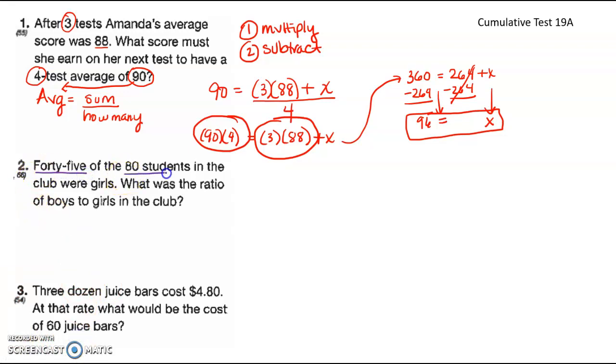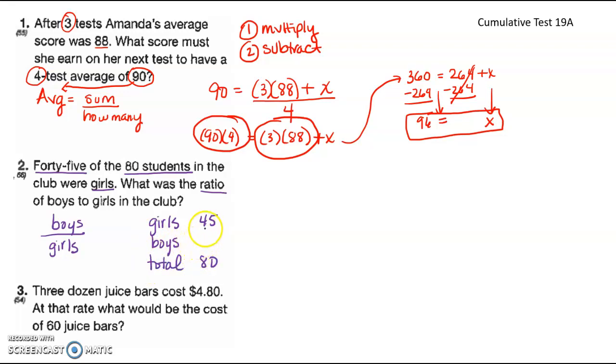45 of the 80 students in the club were girls. What is the ratio of boys to girls? So this is what I know. I know that I have 45 girls. I don't know how many boys, and I know there's a total of 80.